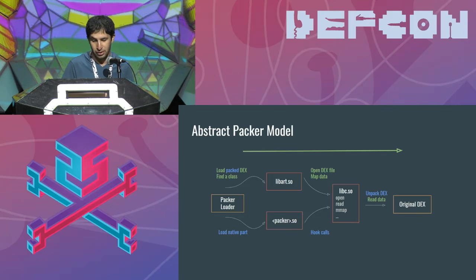And what does this native file do? It needs to interject itself somewhere so it can decrypt and unpack the packed file. So it will do it with hooking. It might hook libart or libc, so that when libart opens the file, the unpacking process takes place, and in the end, libart will get the original DEX file that it can execute.